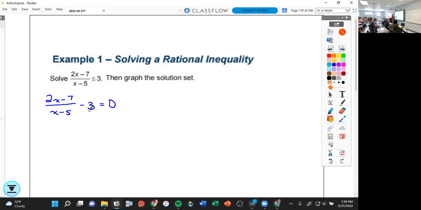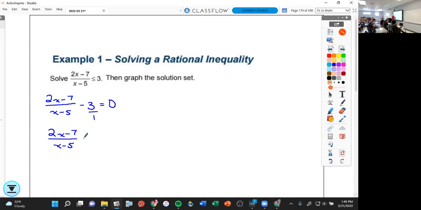Well, you can put a 1 under it. So how do you combine fractions? You must have a common denominator. What would the common denominator be? X minus 5. This first fraction already has an x minus 5, so I'm going to leave it alone. And how do I give the 3 a denominator of x minus 5?